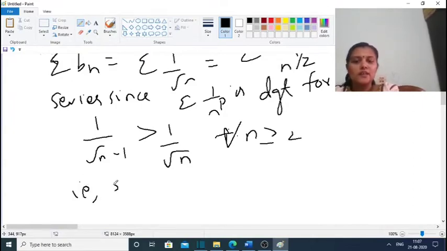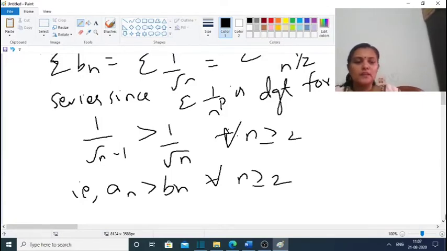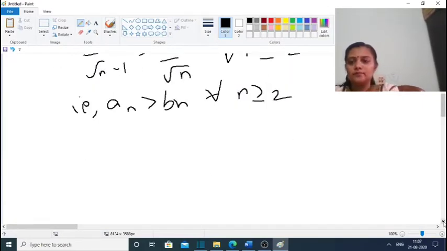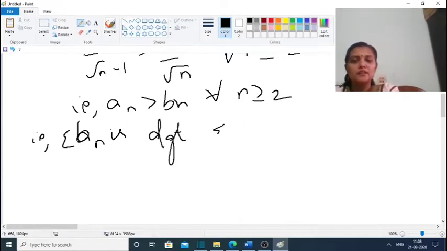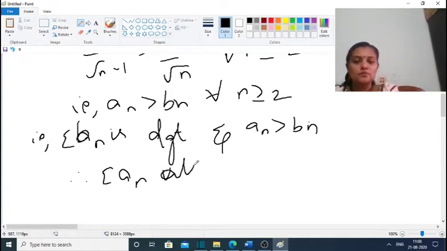That is, an is greater than bn for all n greater than or equal to 2. Since sigma bn is divergent and an is greater than bn, therefore sigma an is also divergent.